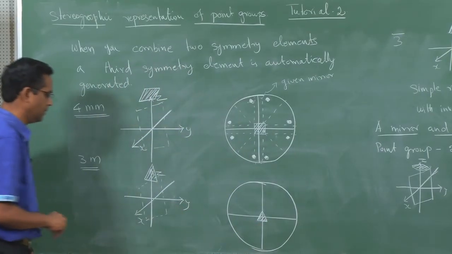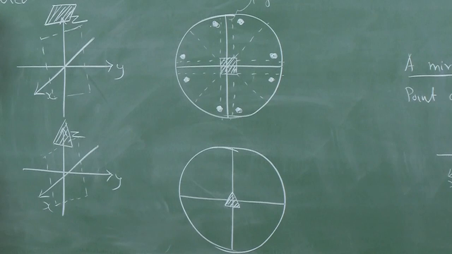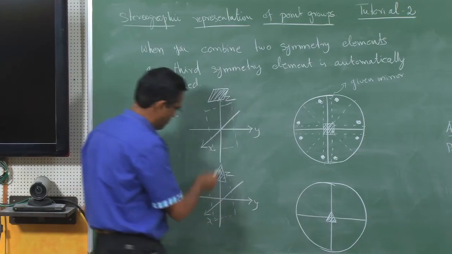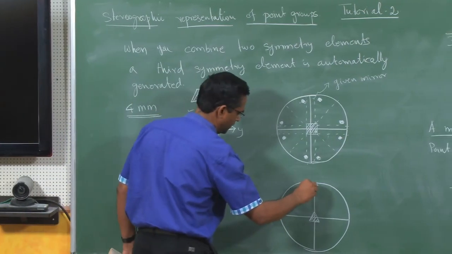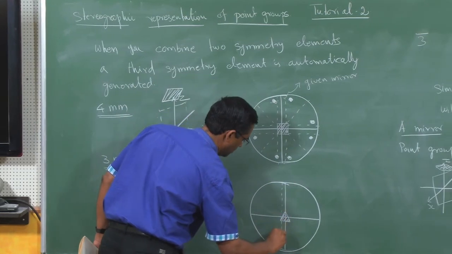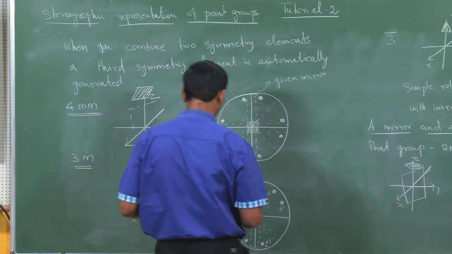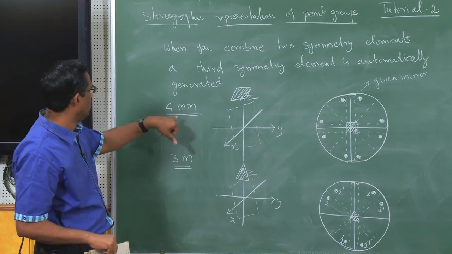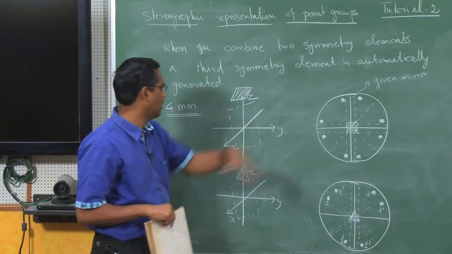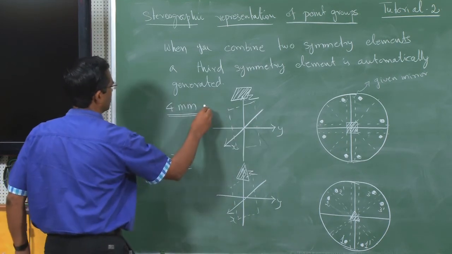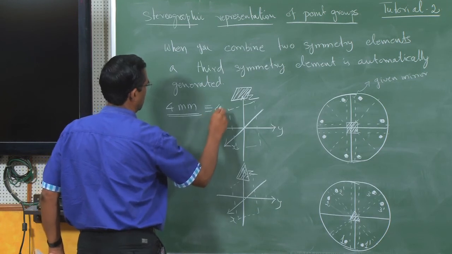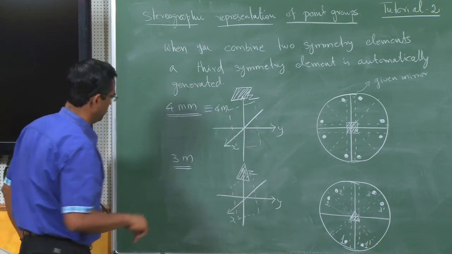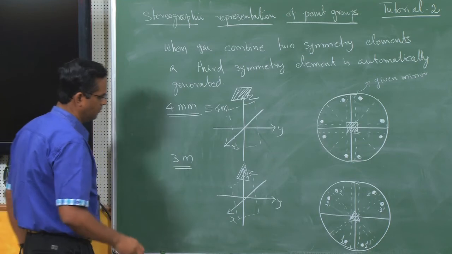So, this is the C3 axis and you have the mirror along the Z direction. You see here it is slightly different from what you have in 4m.